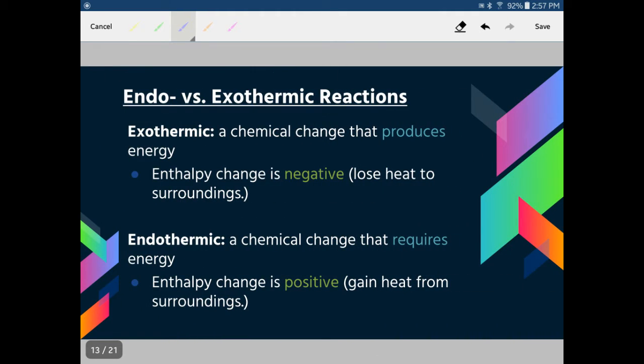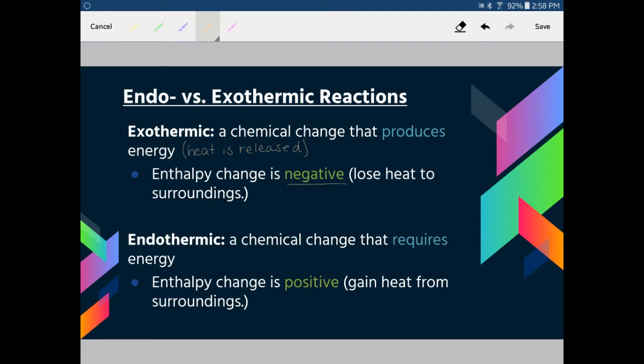So, endothermic versus exothermic reactions. Now, in an exothermic reaction, we see a chemical change that produces energy. In other words, heat is released. So when heat is released, we see an enthalpy change that is negative, which seems maybe a little bit counterintuitive.